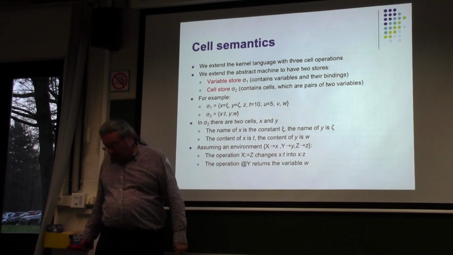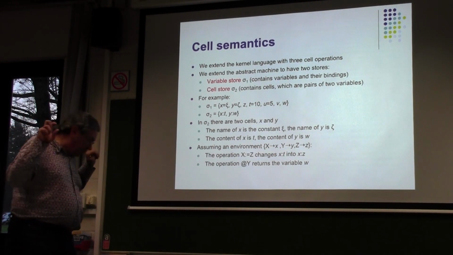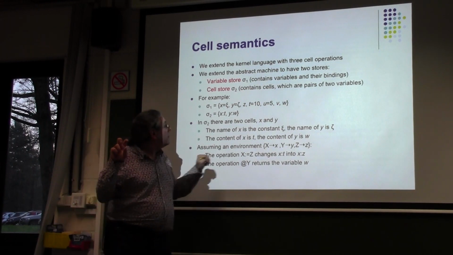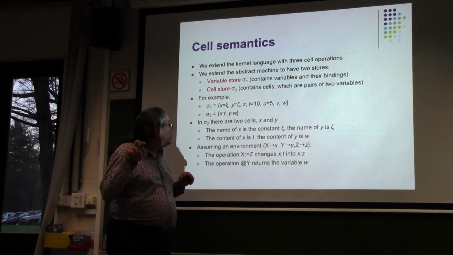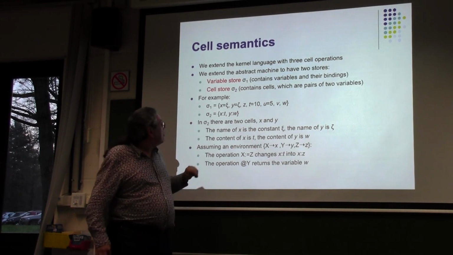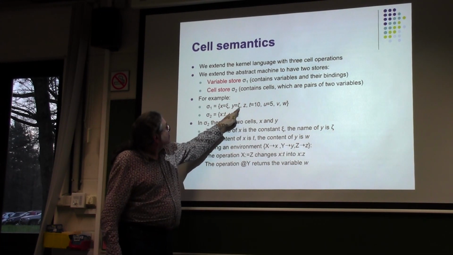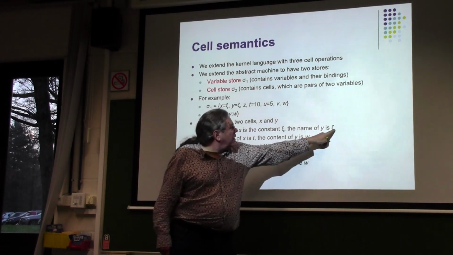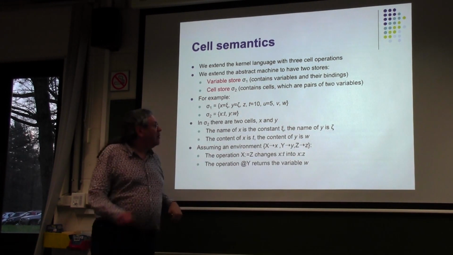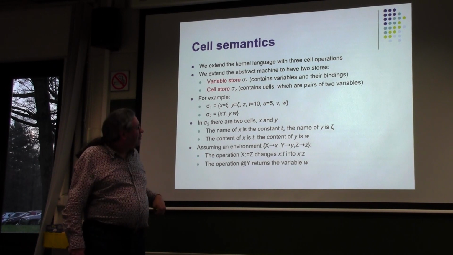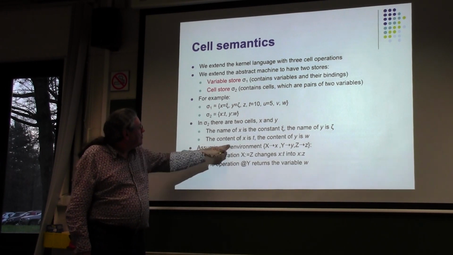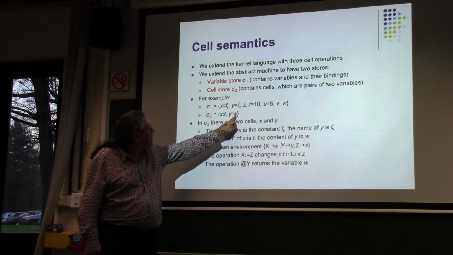It's actually the same kind of constant as the name constant we use for abstract data types. It's an unforgeable constant. And also y here will be another cell. So here I have zeta, another Greek letter. And the content of x is t, and the content of y is w.